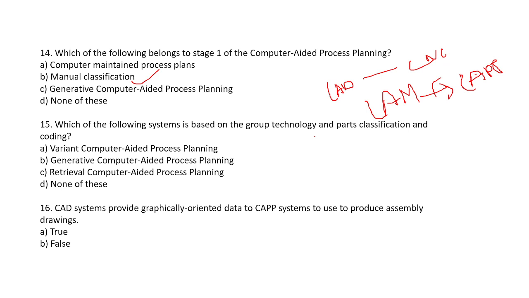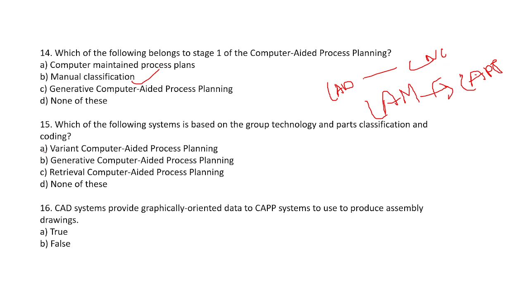While telling those 5 stages, which of the following systems is based on group technology and part classification? Just now I have told, right? This is nothing but retrieval, or variant, computer aided process planning.